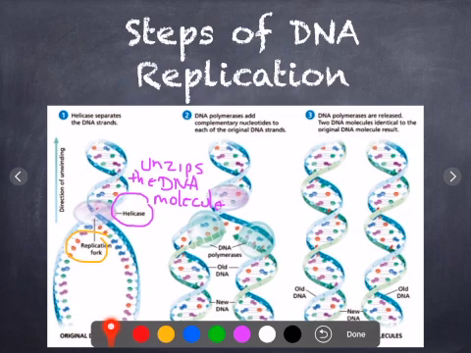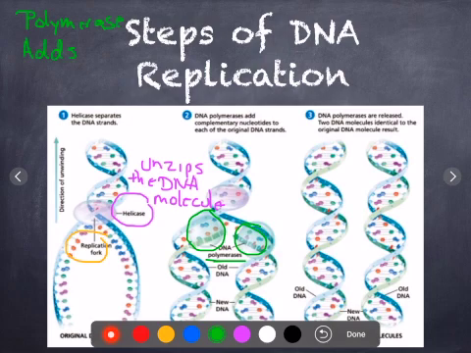So the second thing that happens, once we're unzipped, is these molecules called DNA polymerase. DNA polymerase adds complementary nucleotides to each of the original strands. So our polymerase, I'm going to write this up here, often referred to as DNA polymerase, adds complementary nucleotides.